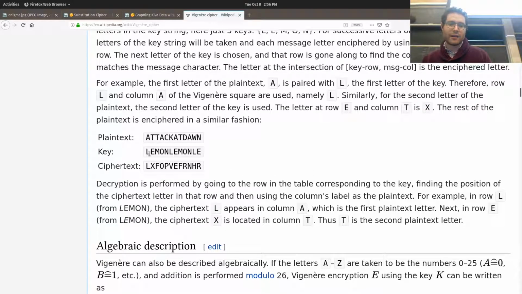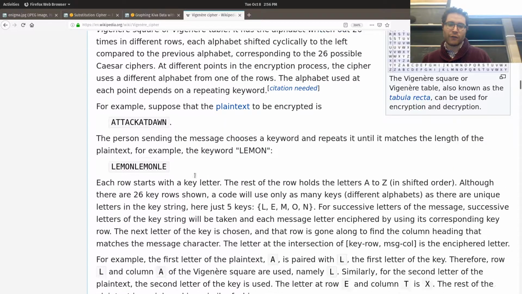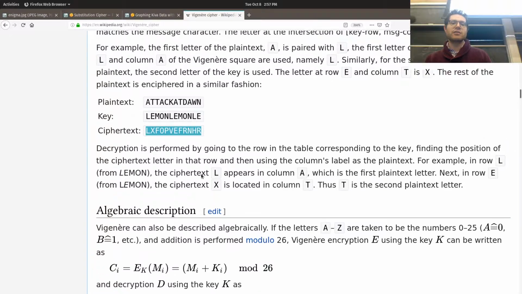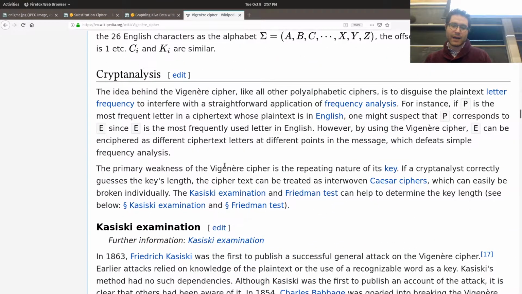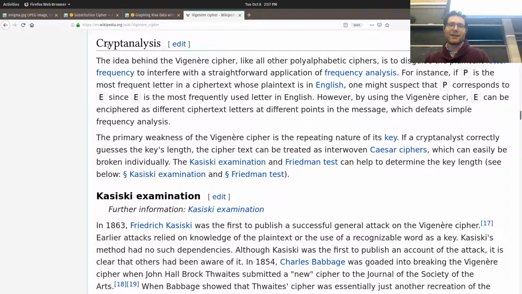The second letter, the 7th letter, and the 12th letter are all rotated by E, whatever its numerical value is, and so on and so forth. So attack at dawn with the key lemon becomes this. Trying to decrypt it with a single Caesar cipher just doesn't work because you actually have to use 5 different Caesar ciphers at once. Still solvable, by the way, using cryptanalysis.